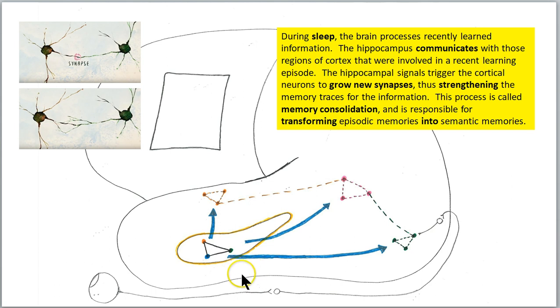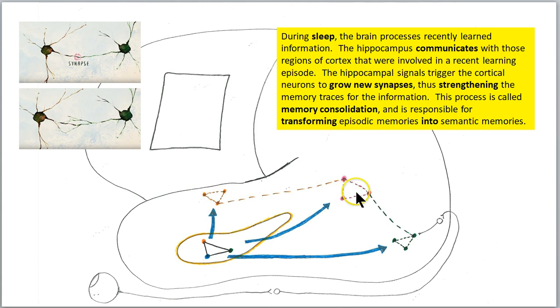We should also note that it makes sense that the brain processes recently learned information during sleep, because during sleep we are unconscious, and so we don't have any ongoing perceptual activity that might interfere with this memory processing. So sleep provides a context whereby recently learned information can be worked on.